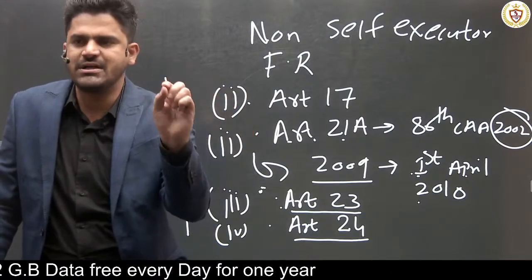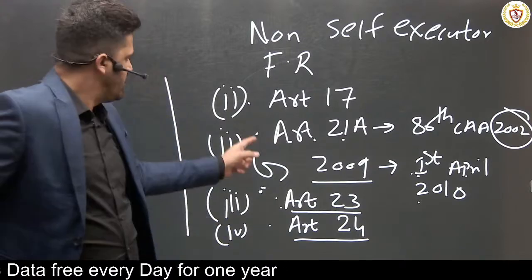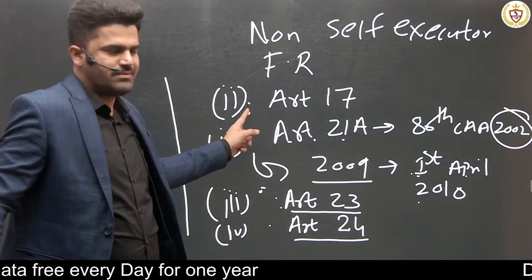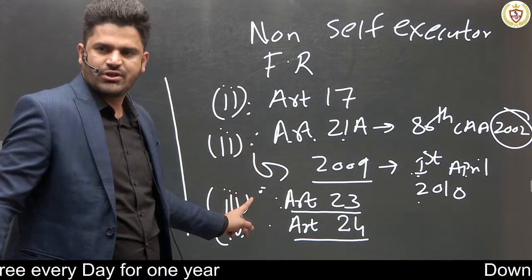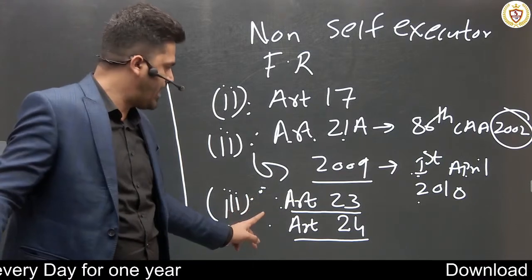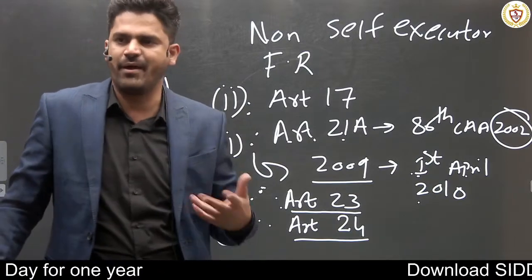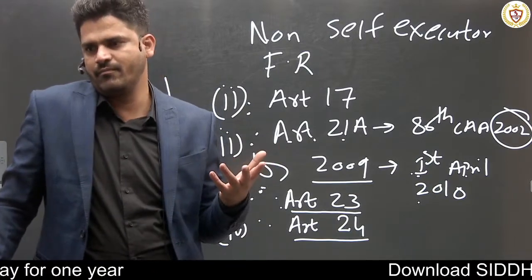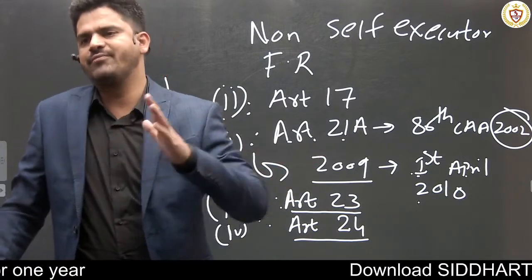So which are non-self-executory fundamental rights in India? Article 17, abolition of untouchability. Article 21A, right to education. Article 23, prohibition of trafficking in human beings and forced labor, begar, etc. Article 24, employment of children in hazardous factories, mines, and so on. And all other rights are self-executory fundamental rights.